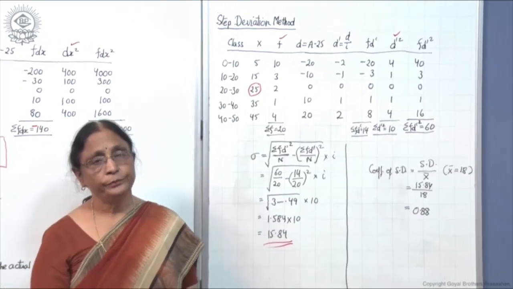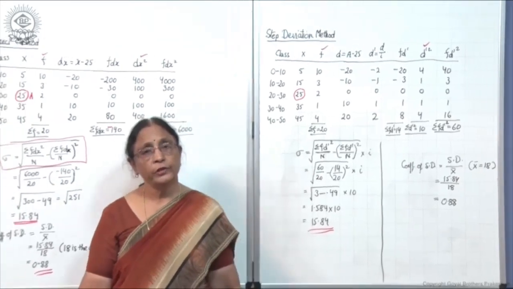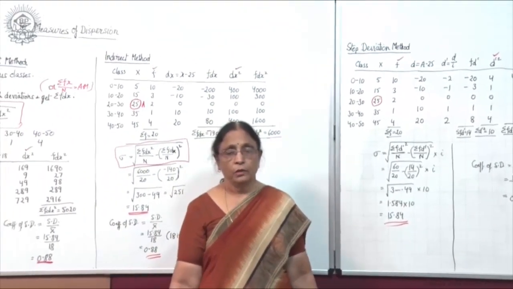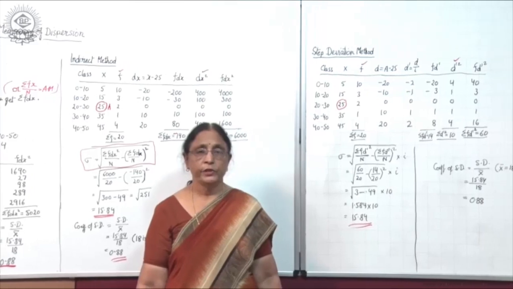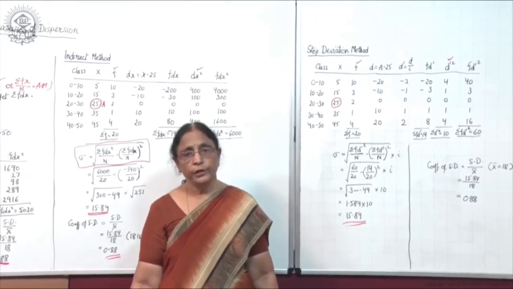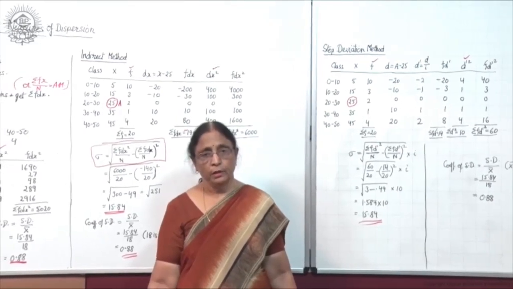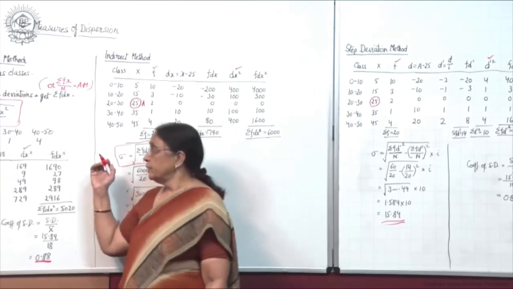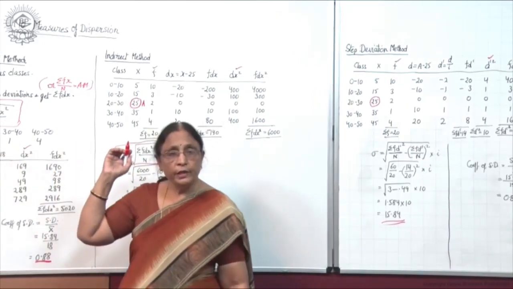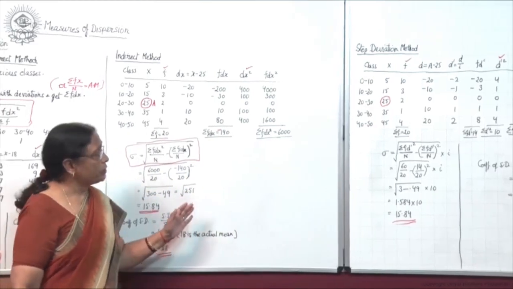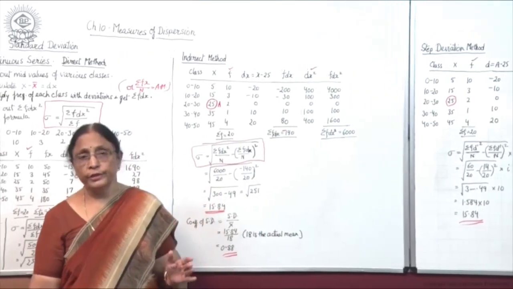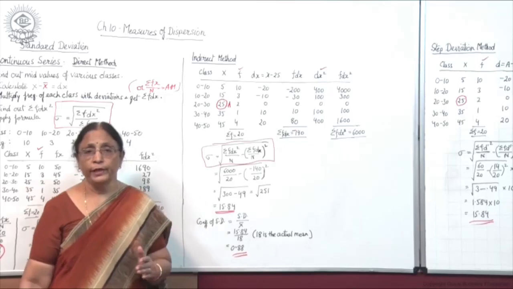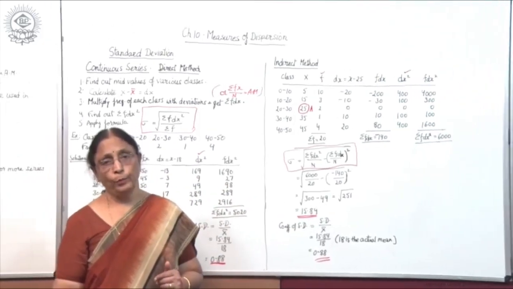So in this way you have learned all the three methods of calculating standard deviation in the case of a continuous series, and in each case you have learned that it is very easy to do the calculation provided you know the steps well and provided you know the formula properly.